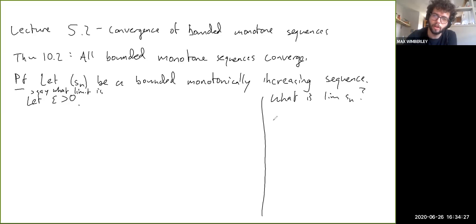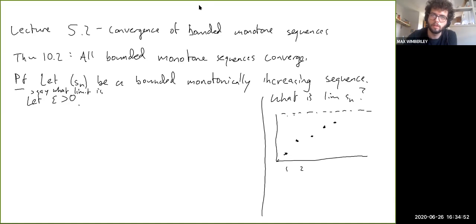Let's visualize S_n a little bit, okay? I'm going to sketch it here. So we have maybe some point here, and then it increases a bit, maybe it increases a little bit after that, maybe it increases more after that one. But ultimately, remember that there's some upper bound, okay?